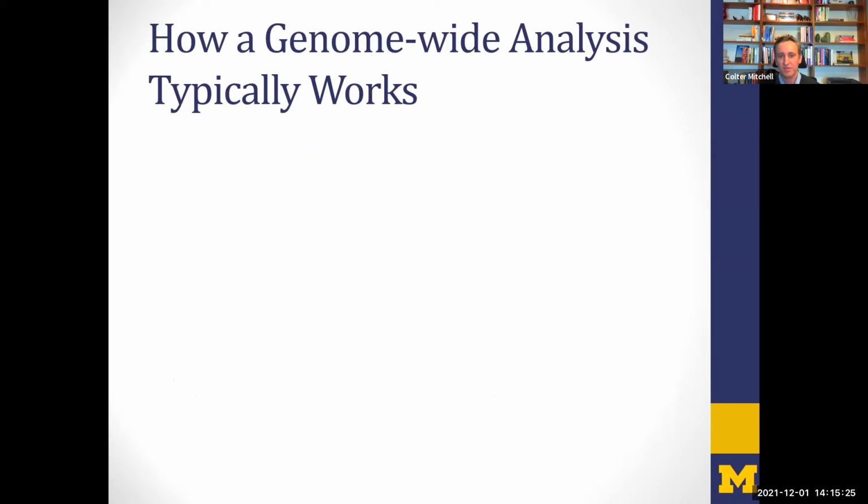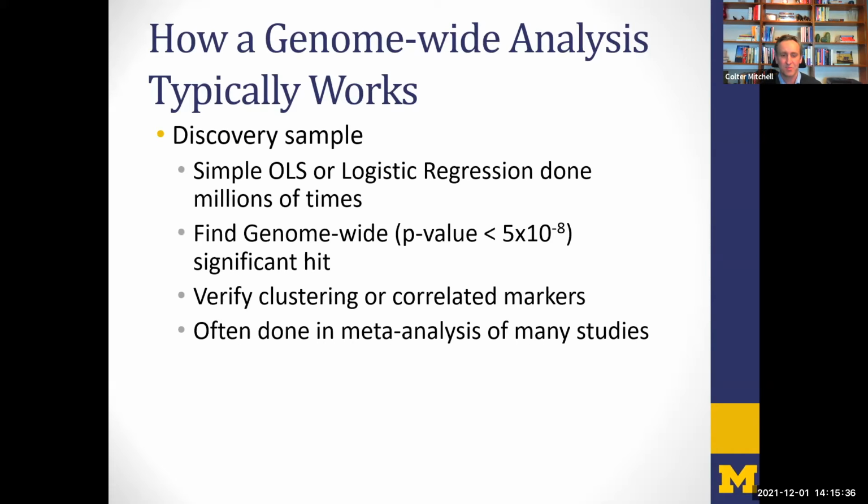So how does a genome-wide analysis typically work? That's really the basis of genetic work that's done today. We start with what we call a discovery sample, and it's a very simple regression analysis. Imagine those, we'll say, 1 million SNPs, and we have some outcome that we're interested in.